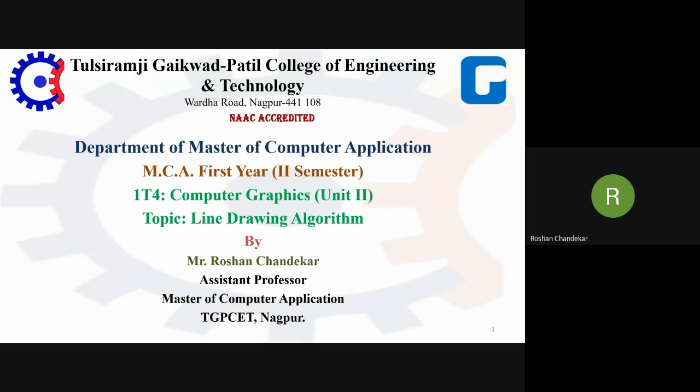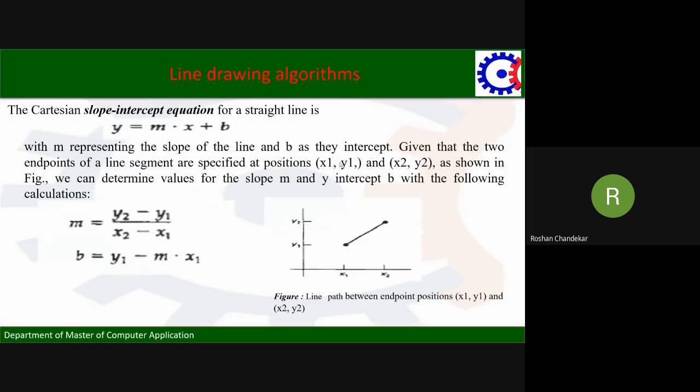So the first one we are talking about is the line drawing algorithm. In the line drawing algorithm, we start with the equation of a line. All of you are aware of the equation of a line, the Cartesian slope-intercept equation of a straight line.